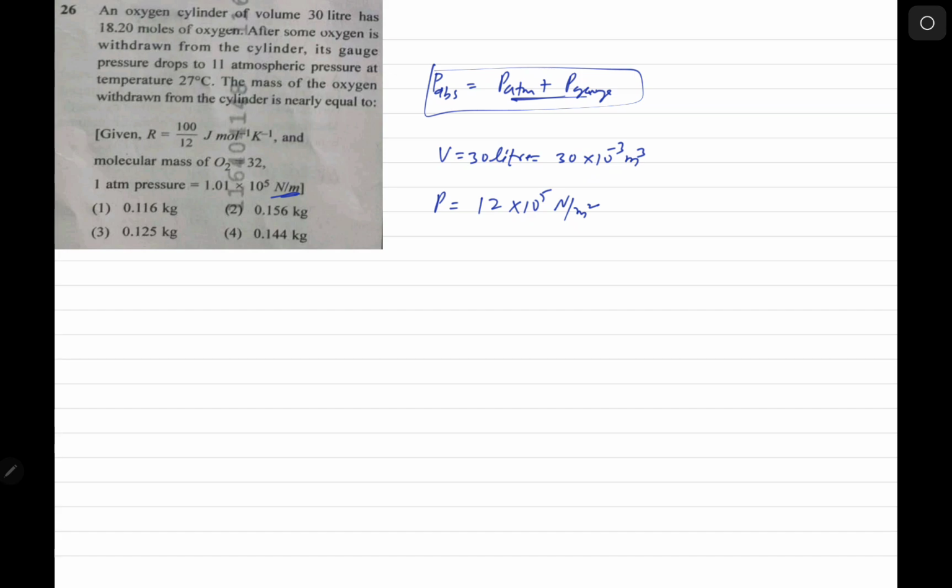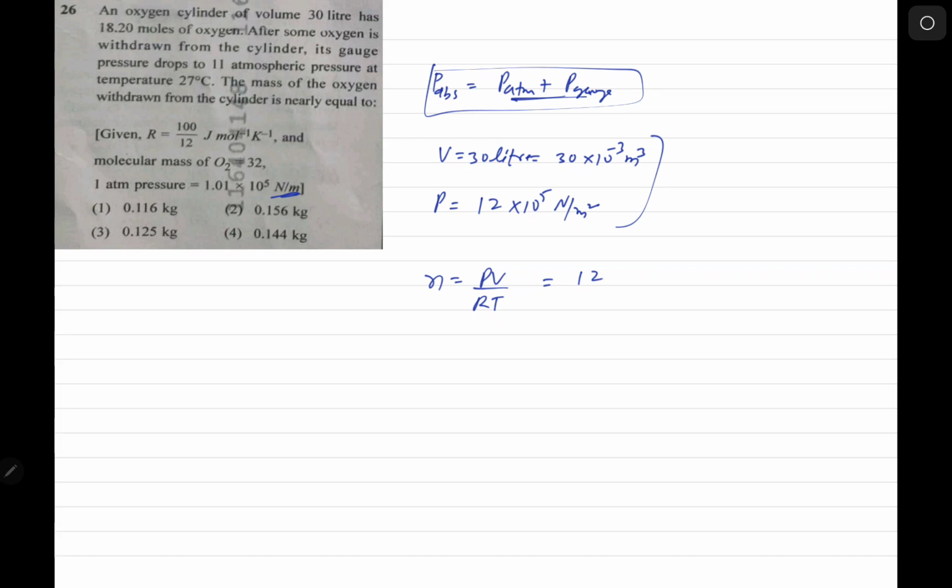We need to find the number of moles. Once we calculate the final number of moles, n equal to PV by RT. Here the volume remains constant; the oxygen cylinder volume is 30, initial volume 30, final volume 30. We are just going to find the final number of moles left in the cylinder. So n equal to PV by RT.